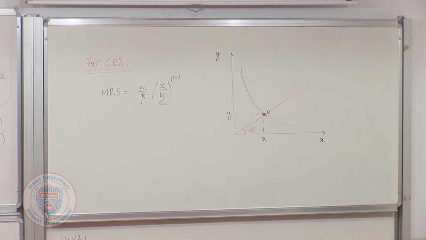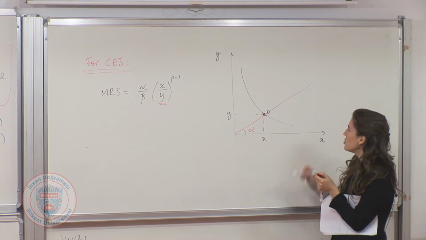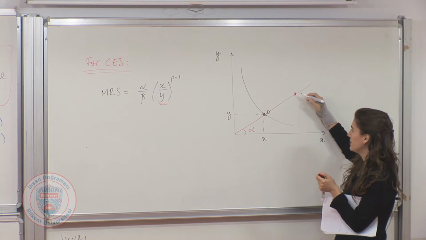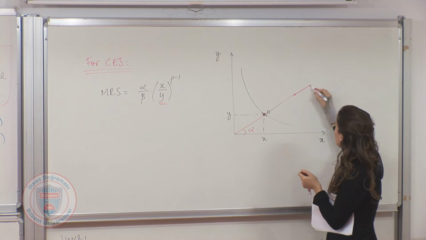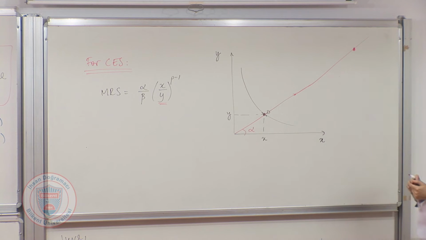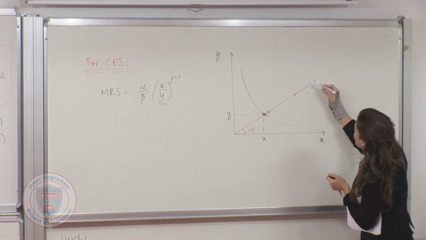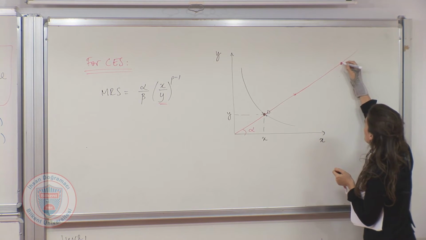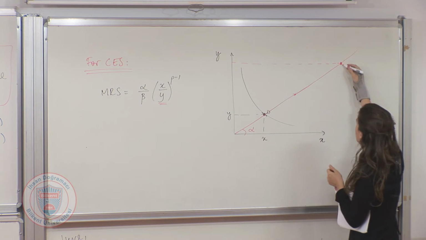What is the slope of this ray line? It's y over x, right? So suppose I have a point here. Of course this doesn't look like a ray, but let's have a point here. So what is the ratio of y to x?